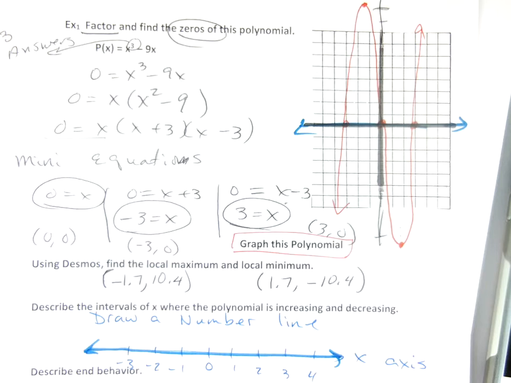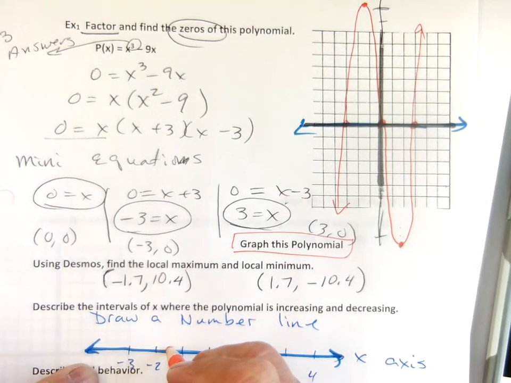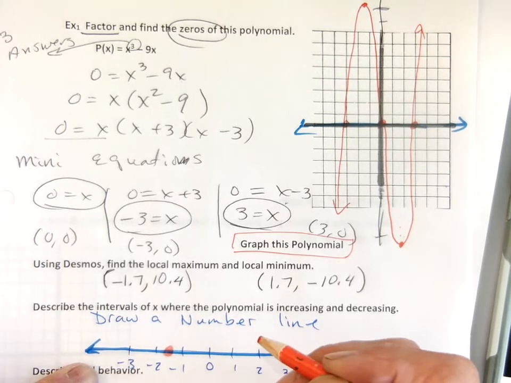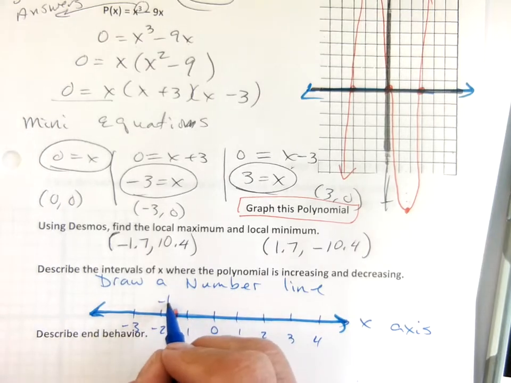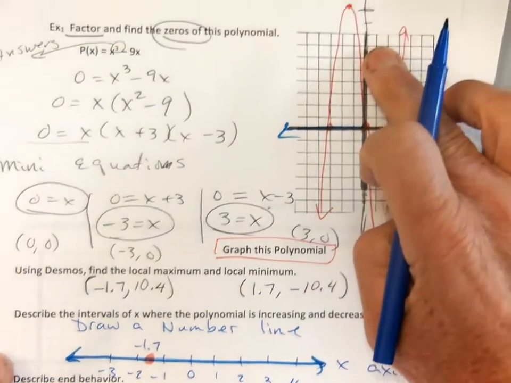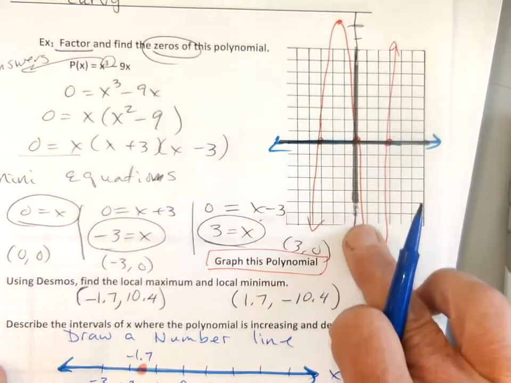But the x-axis, right? So we're going to put the x values. So put that point on your graph. Negative 1.7, right? And it's going downhill, right? It's going downhill until right there.